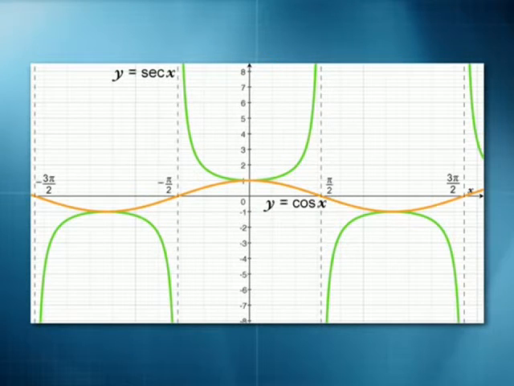That means that secant is also 1 there because the reciprocal of 1 is 1. All right. Notice that at pi over 2, cosine is 0, isn't it? At pi over 2, cosine is 0. That means secant is not defined there. So secant has a vertical asymptote at pi over 2. In other words, the zeros of the cosine function are the vertical asymptotes of the secant function.